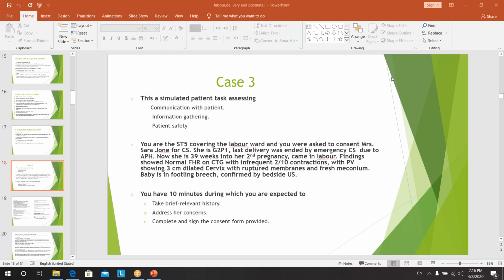Okay, Sarah, what I gathered from your notes is that you came with labor pains and you have had a previous cesarean section, and now you are offered a cesarean section due to the baby's breech position. Am I right? Yes, doctor, you are right.